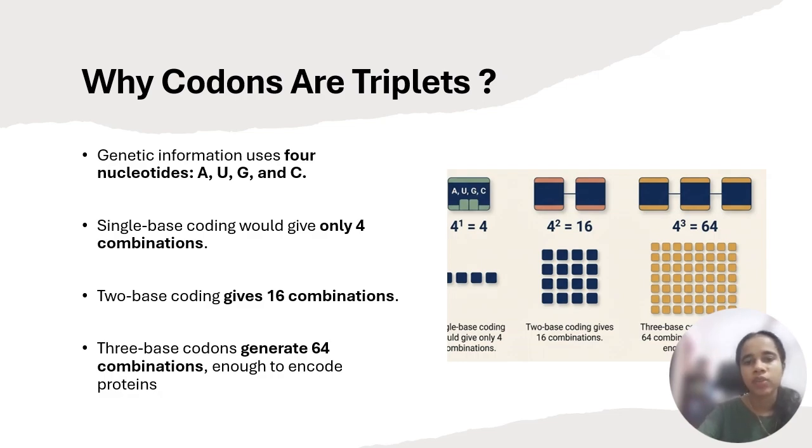But if the cell uses 3 bases at a time, it creates 64 possible combinations, 64 possible codons. That is enough to encode all the 20 amino acids plus the start and stop signal. So that is why the codons are triplets. The triplet nature of codons helps to ensure the completeness of the genetic code and also the flexibility.